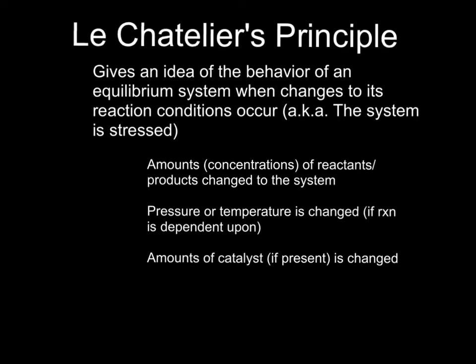If we take away the catalyst, that slows down the reaction, and that allows the products to recombine to form the reactants again. Then the system would shift to the left, or in the reverse direction.